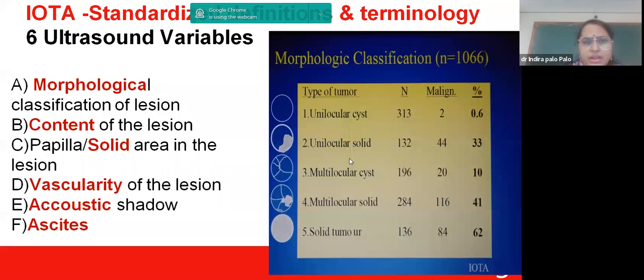There are 6 ultrasonogram variables to describe a mass. Whenever you get an adnexal mass, you must think of these 6 variables. What are they? One is the morphology of the mass, then the content of the lesion, whether papillae or a solid component is present, the vascularity of the lesion, whether the lesion is causing any acoustic shadowing, and whether ascites is there or not.